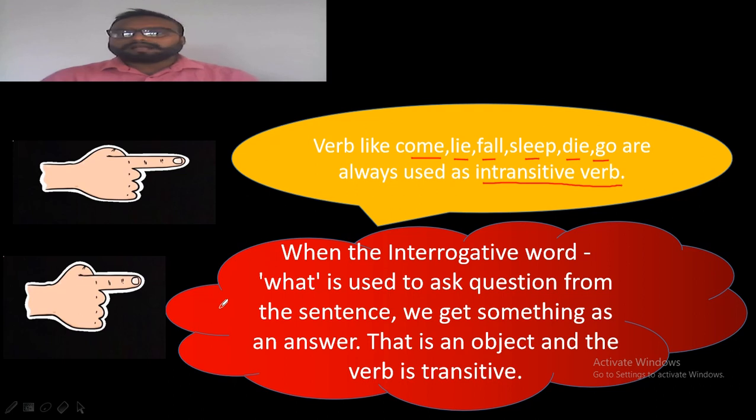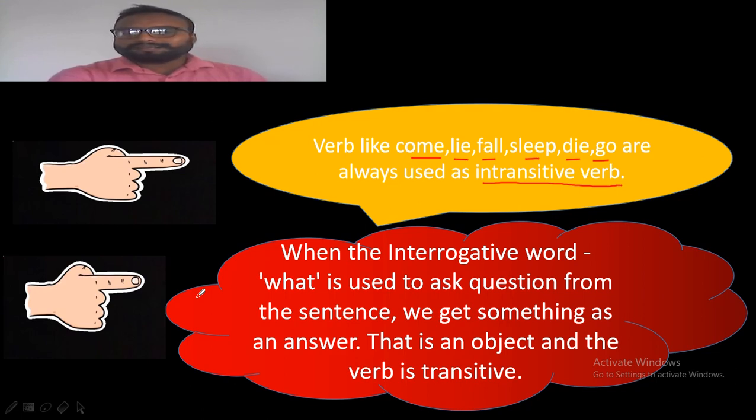If the question you frame with what is ungrammatical, then the verb is intransitive, and that sentence will not have an object, but it may or may not have a complement. So it is all about transitive and intransitive verbs.